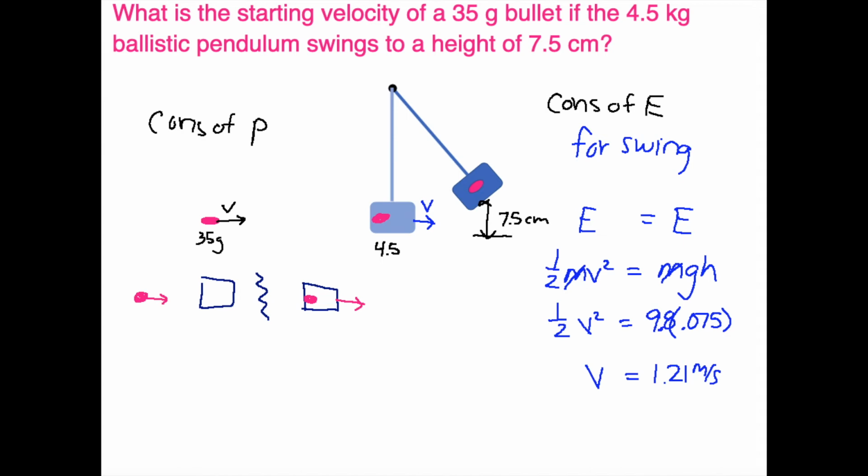And I just found out that these two together, right after it hits, so that's this position, have a velocity of 1.21. I'm looking for this velocity, which was, remember, black V. So momentum before equals momentum after. So momentum of this plus momentum of this equals momentum of these together.